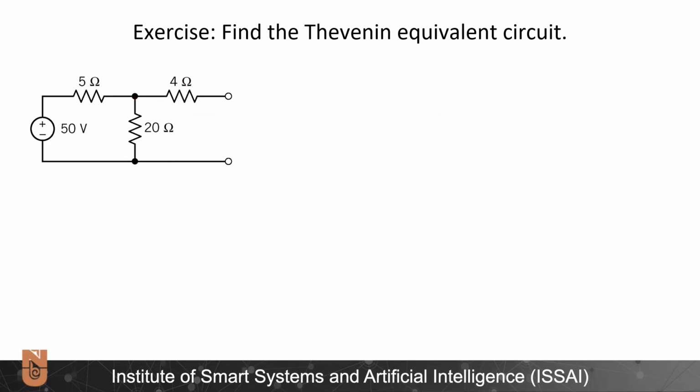Let's find the Thevenin equivalent circuit using another way. Remember, in the previous slide, I found VOC equal to 40 volts. I will now assume that we don't have this 50 volt voltage source, and I will reduce this circuit to a resistor network.